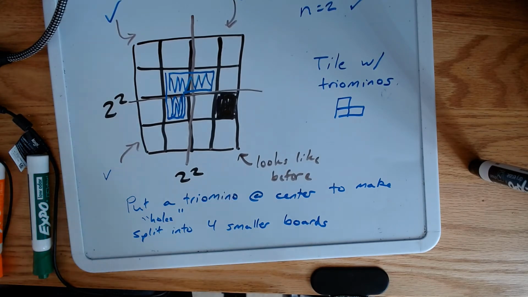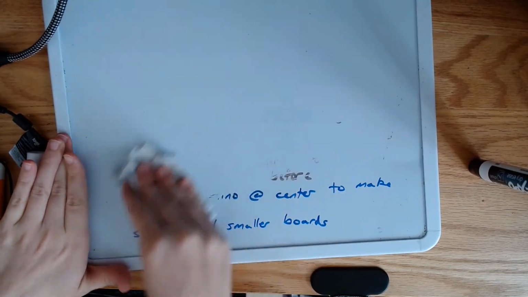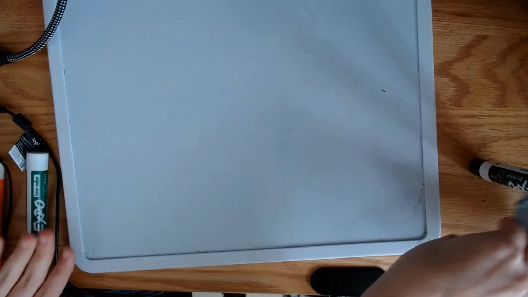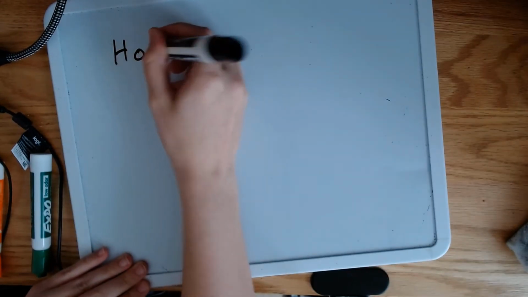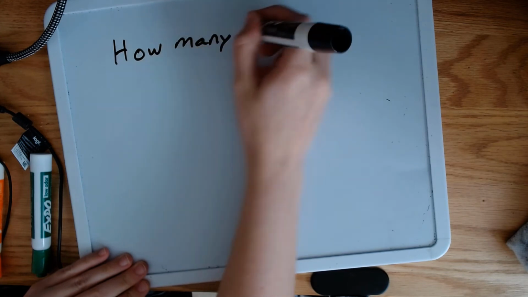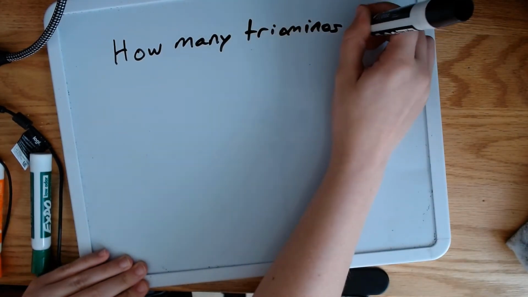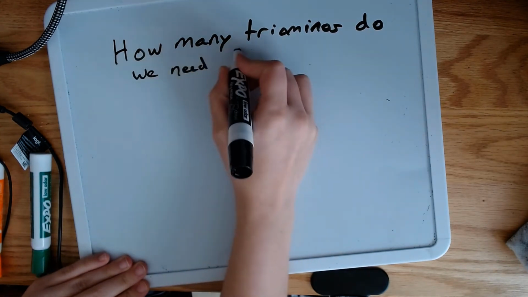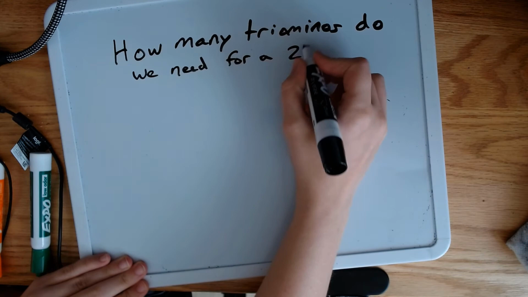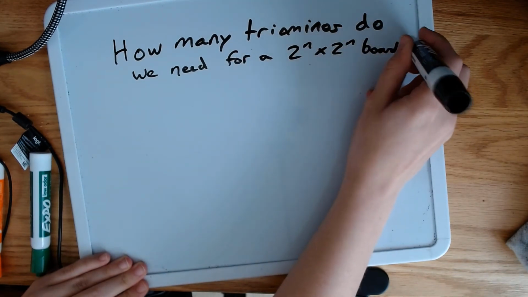Here we're going to answer a different question, which is, how many triominoes do we need for a 2 to the n by 2 to the n board?